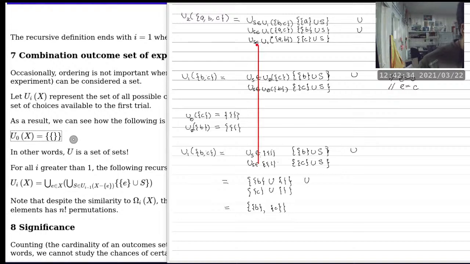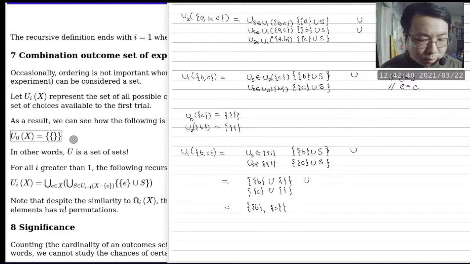The introduction of S as a variable is from the original definition. If you go all the way to the notes, uppercase S is introduced here. It is basically saying, let's first compute U of I minus 1 in parentheses x minus the set of e by itself.